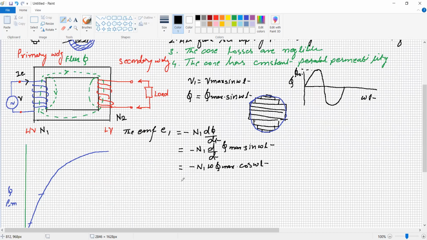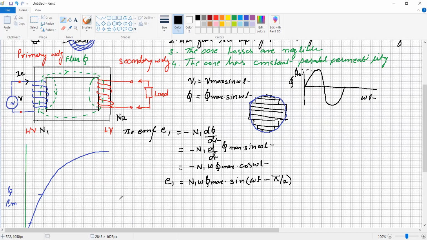Now we can write this equation as N1 omega phi maximum into sine of omega t minus pi by 2. So this is the equation of the EMF induced.